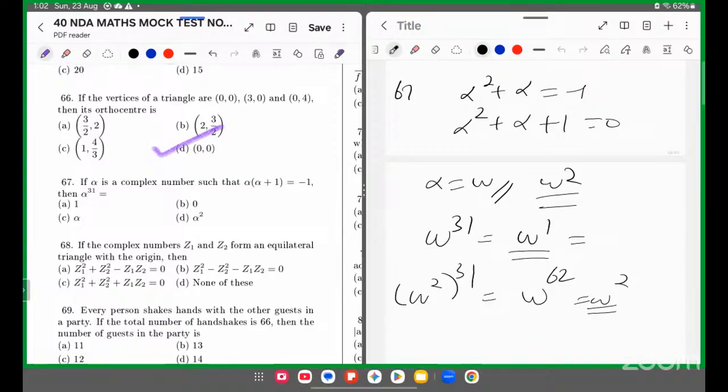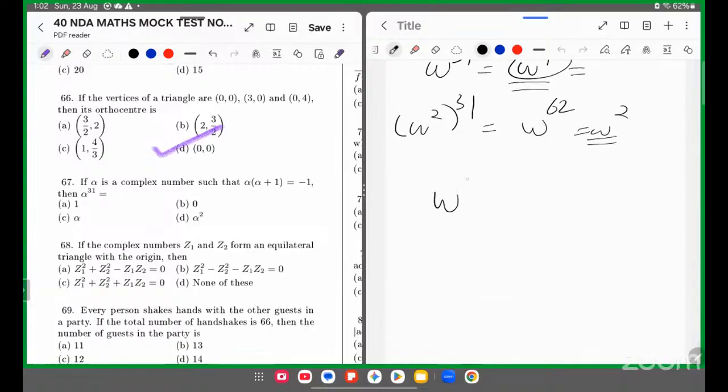So alpha can be omega also, omega square also. If I put alpha equal to omega, it will become omega only. If I put omega square, it will become omega raised to 31 the whole square, so it is omega square.